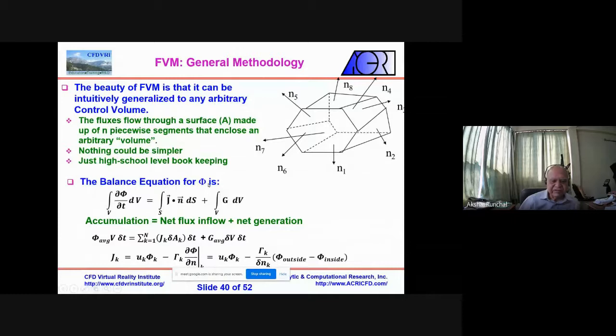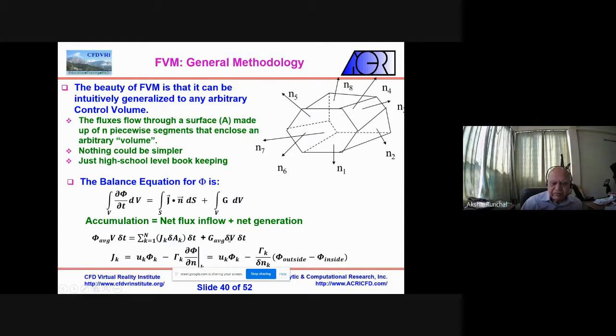This is the balance equation, and what we do is take the average value in this tank and say that is what it is, and write down a simple algebraic analog of that. For example, this equation becomes the phi average times the volume times delta T, integral over that time, is the amount of quantity in it, and this is the flux here, each flux, each area, integral over delta T.